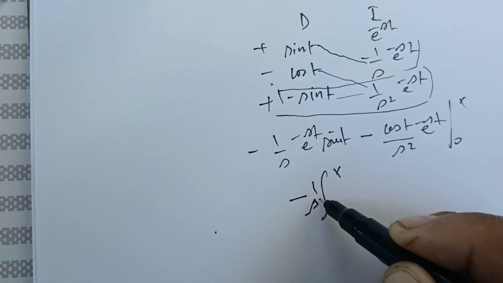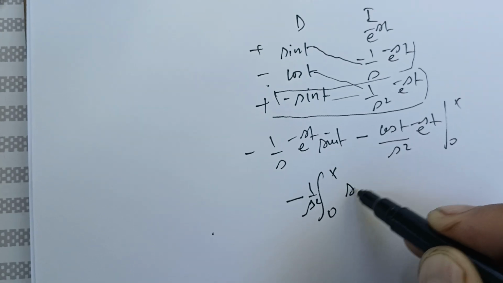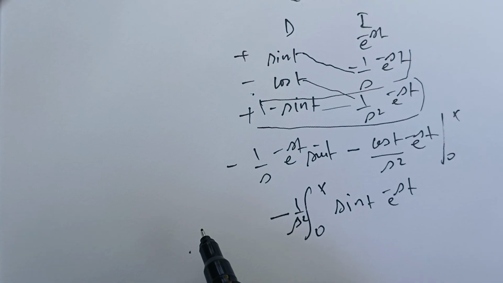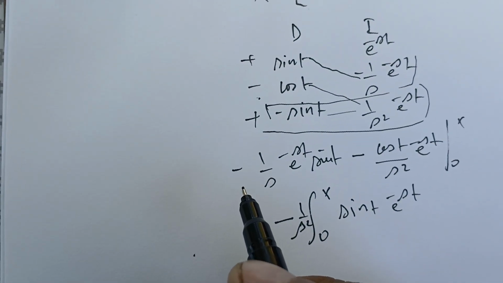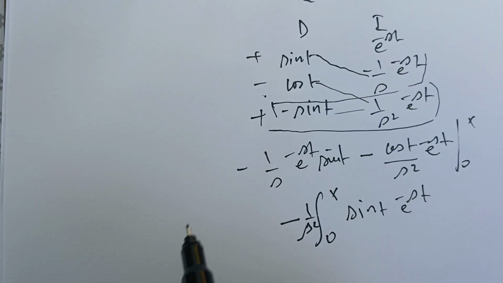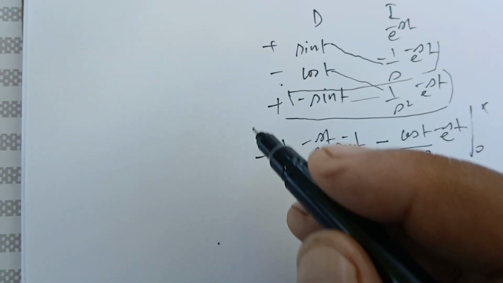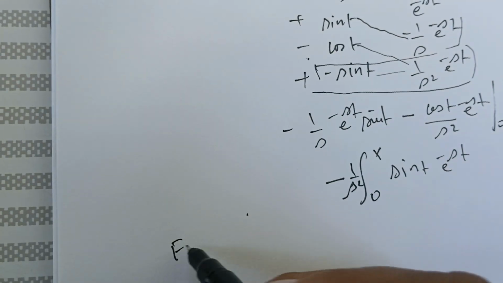Let's take the 1 over s squared outside, we get sine t e to minus st. Because we need to go back here, and once we take the limit, we get F of s.